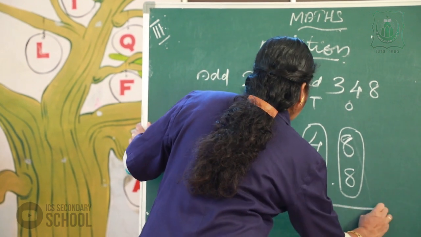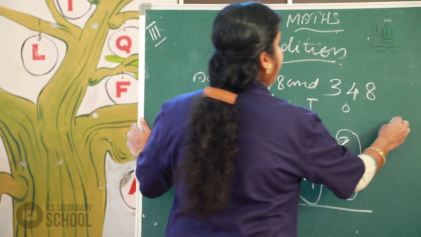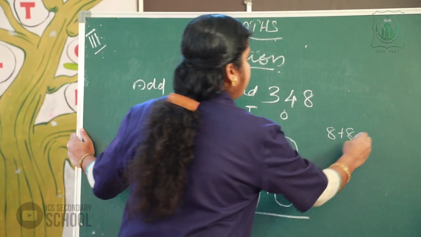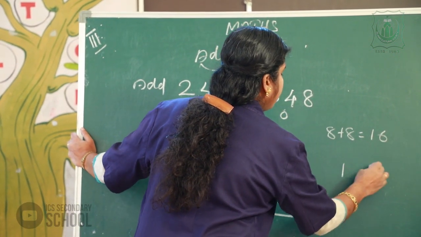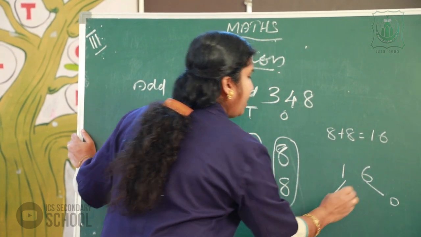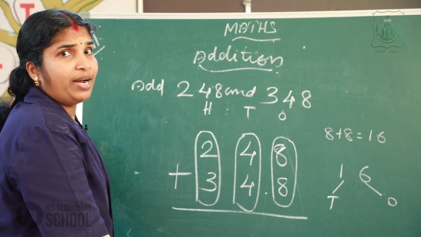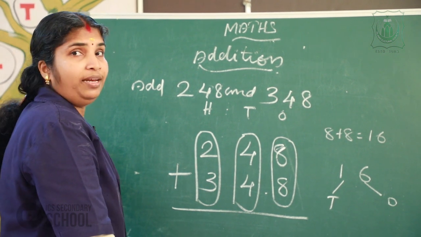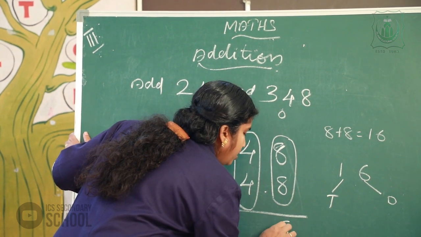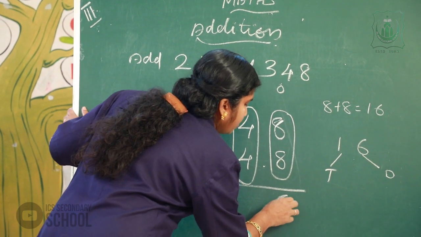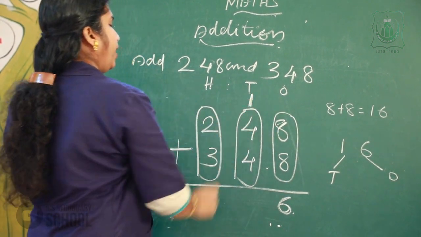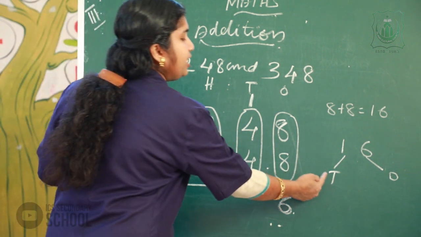Next, try adding 8 plus 8, 16. In 16, 6 is in the ones place and 1 in the tens place. The 6 is written in the ones place.